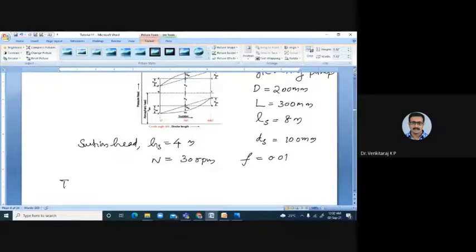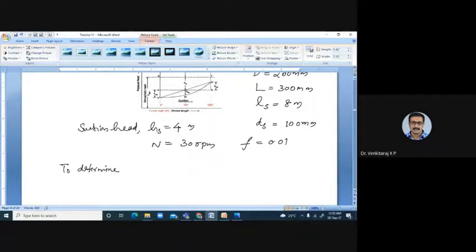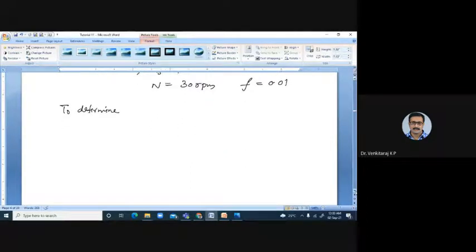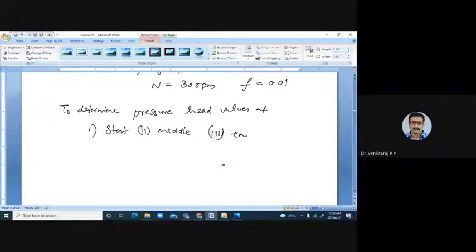What you have to find is to determine the pressure head values at the start, middle, and end of the suction stroke.